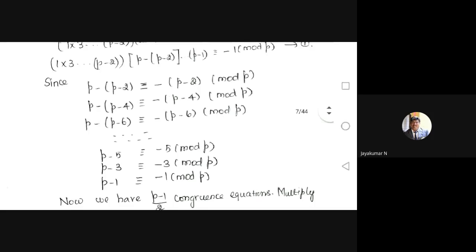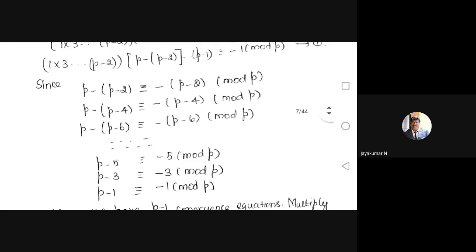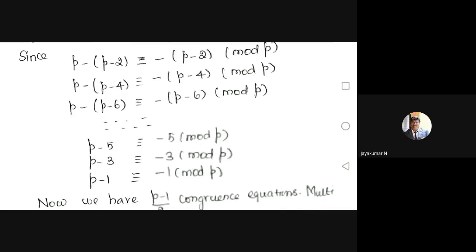So now these can be multiplied together. Actually, p minus of p minus 2 into p minus of p minus 4 into p minus of p minus 6 up to p minus 1 will be multiplied together.